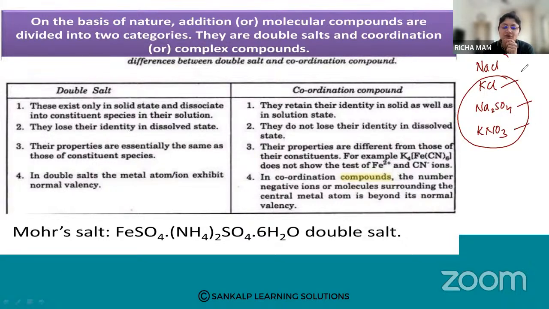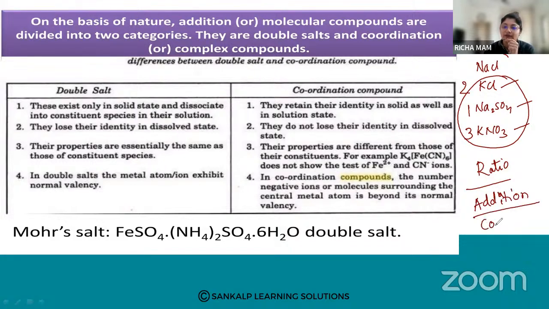When they are mixed in a proportionate or stoichiometric ratio, for example 1 mole of this and 3 moles of that, then they are called addition compounds.